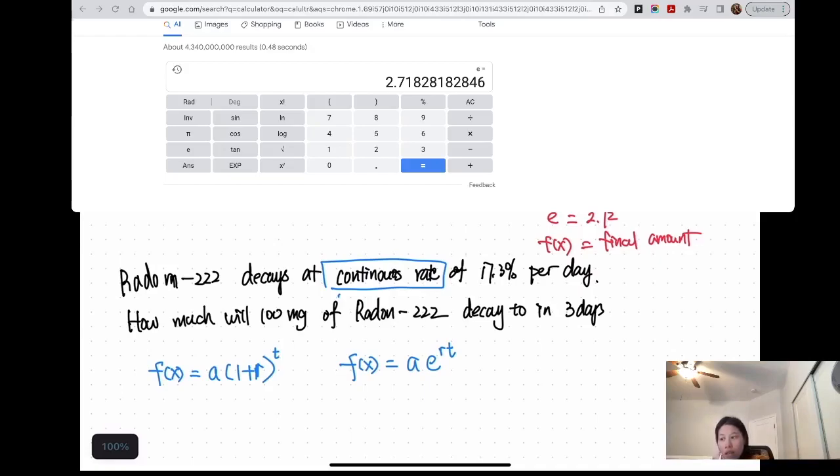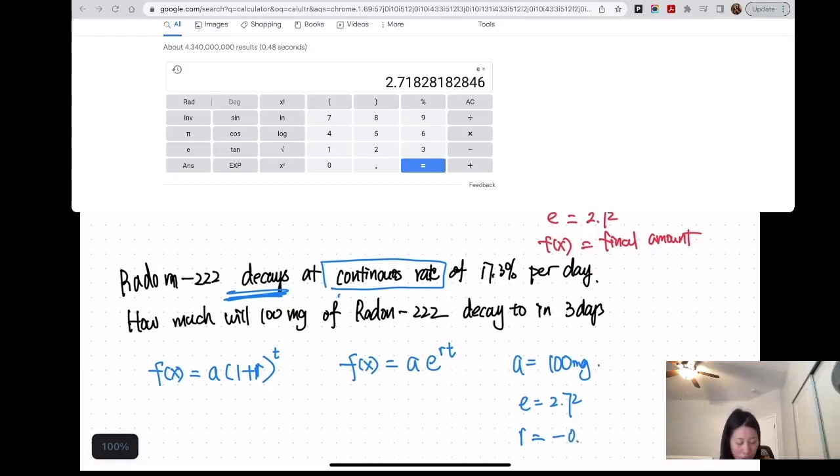Okay, so now I have what? A equals 100 because they give you the beginning amount, 100 grams, and e, which is 2.72, or you don't even need to do anything, it's just built into the Google calculator or any other calculator. And then r is the rate, 17.3%. Since it's decay, another keyword, decay, we want it to be negative.